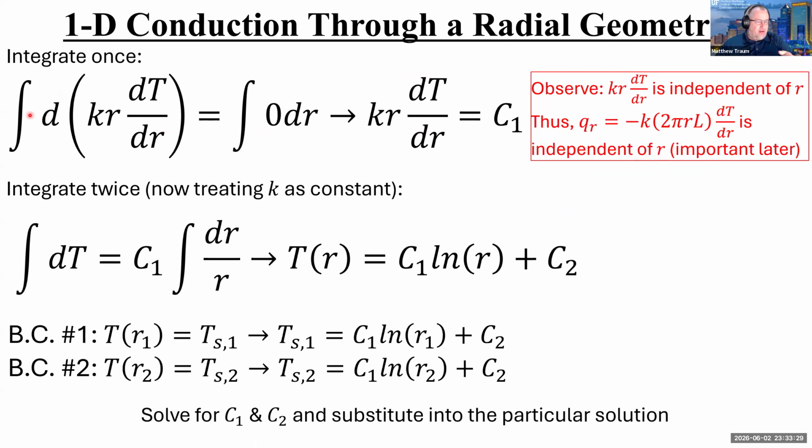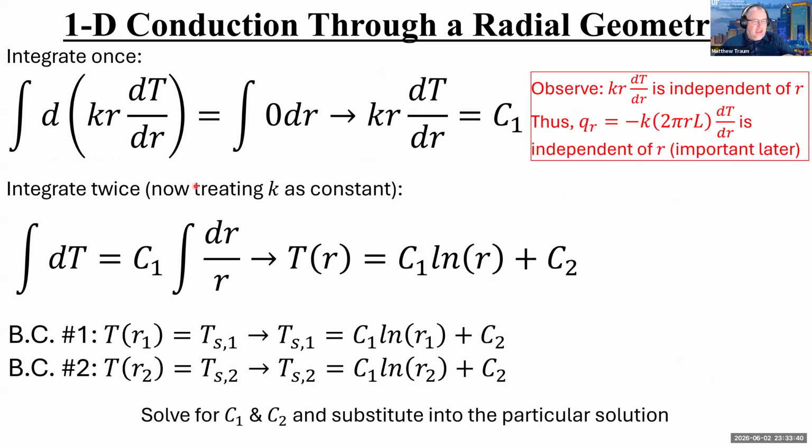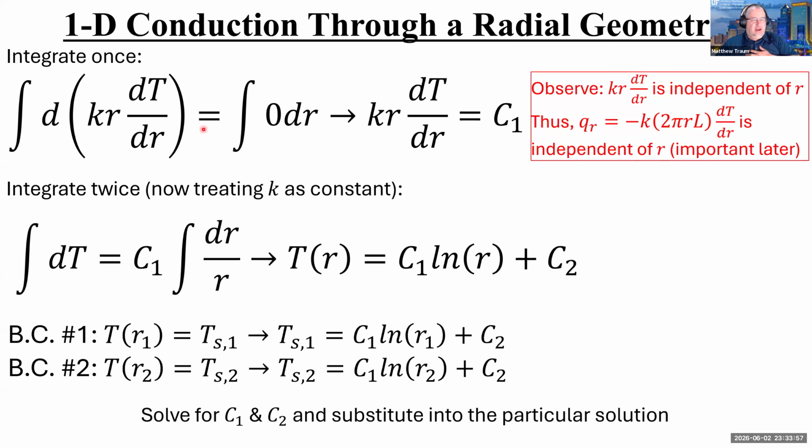So here I am integrating the derivative of that inner term, right? So this term, I'm integrating that, leaving the K in there, and that's going to be equal to 0. And this dr comes across from the other side. So if you look here, I multiply both sides by r. So the r just goes away because that's 0. And then I take the dr over to this side, and that's me carrying out this integral.